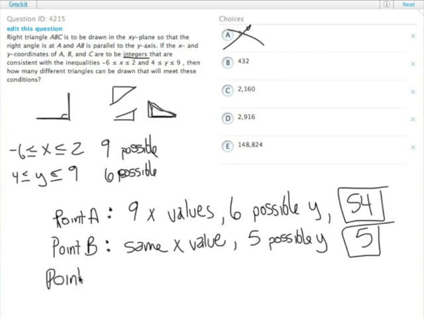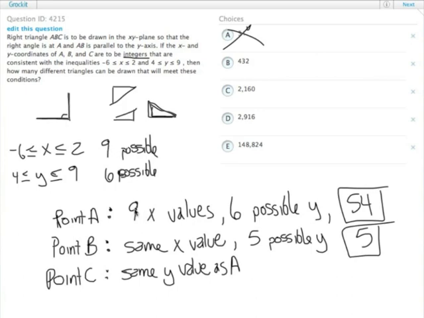Point C, again, since it's a right triangle, it's going to be parallel to the x-axis. So it's going to have the same y value as point A. But it's going to have a different x value. And again, there were 9 possible.